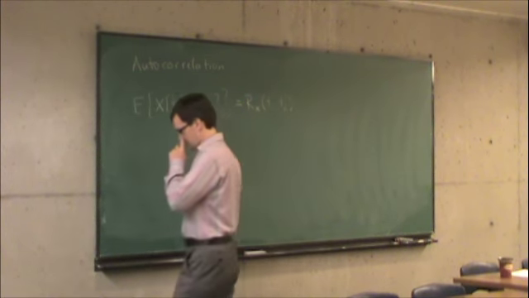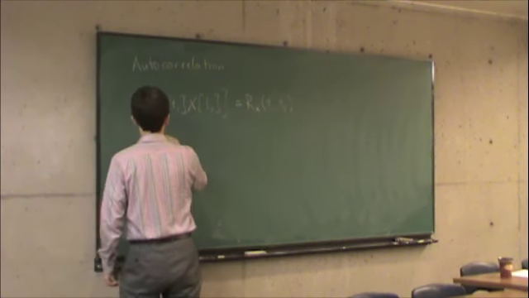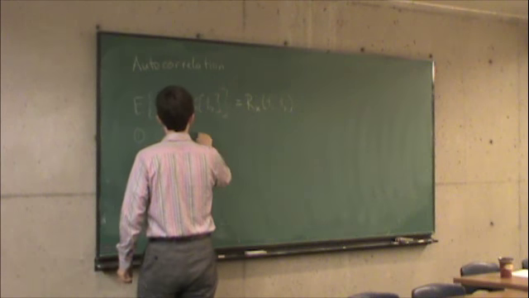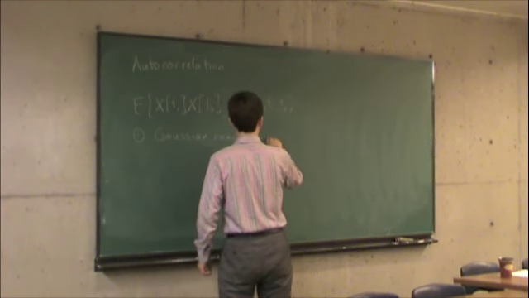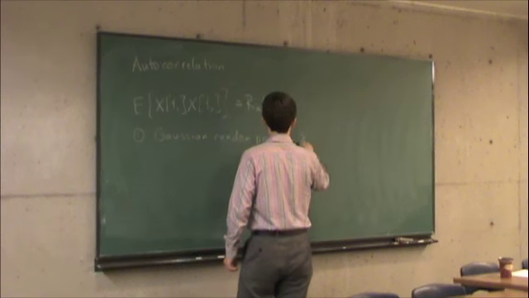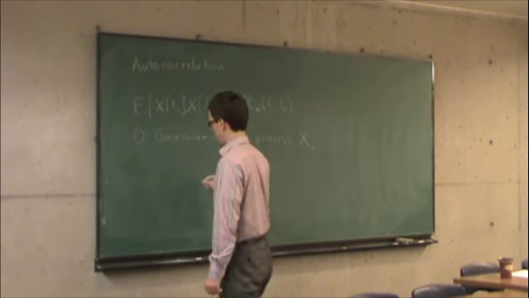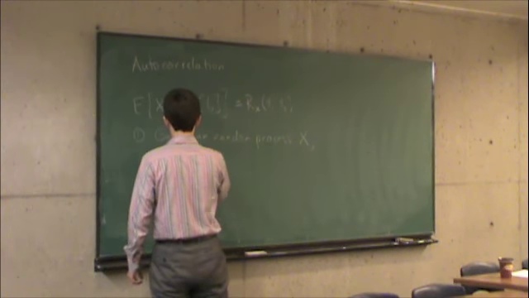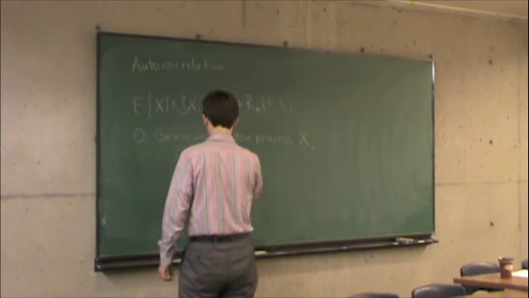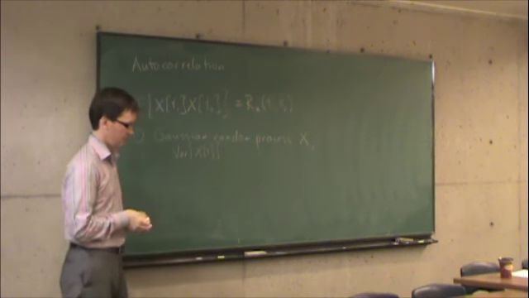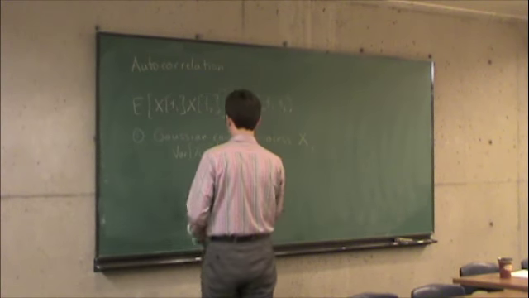So let's have a couple of random processes. Firstly, a Gaussian random process X, where the variance of x of t, so remember, we discussed last time that the mean and variance can be functions of time, but here I'm going to say they're constant with respect to time.